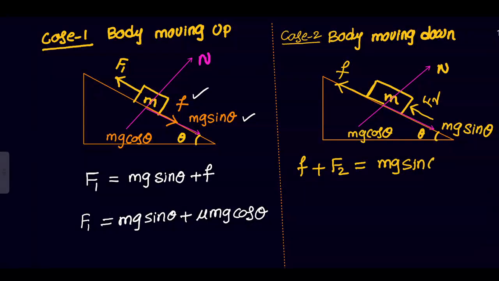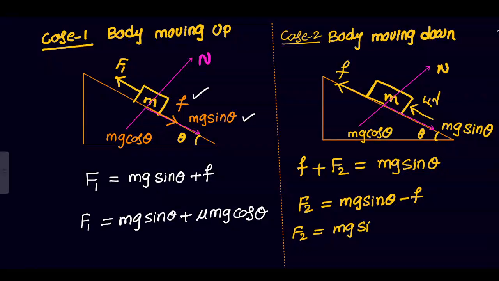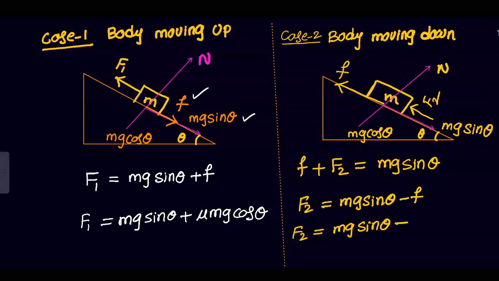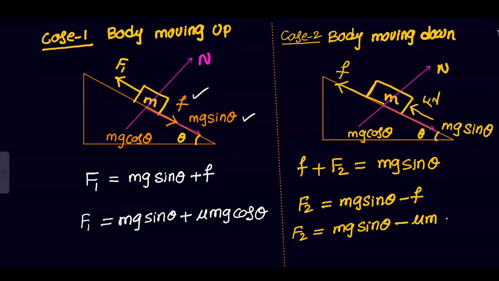So what about the frictional force? Yes, so F2 is equal to mg sin theta minus frictional force. Frictional force we know is mu N, so F2 is equal to mg sin theta minus mu mg cos theta.